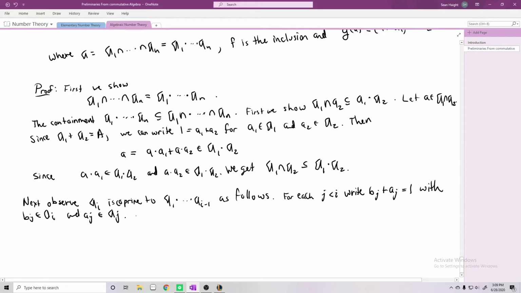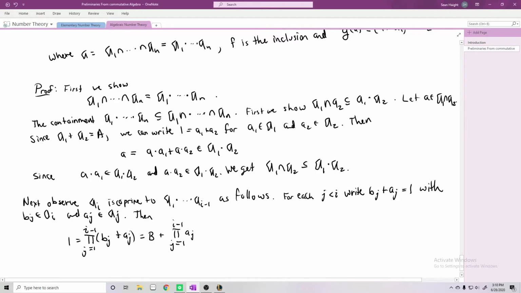Okay, then observe if I take this product over all these b sub j's and a sub j's, j equals 1 to i minus 1. If you think about expanding out this product, I'm going to get some big term b with all my cross terms, and the product of all these a sub j's.